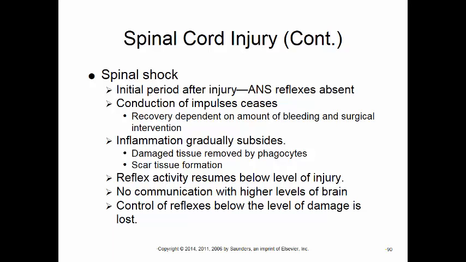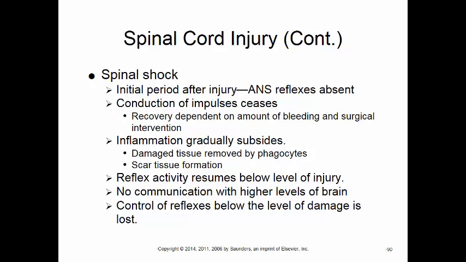As the inflammation and the chemical storm subside, the damaged tissue is removed and the scar tissue forms. The reflex activity that is controlled by the reflexes below that site of injury can resume.